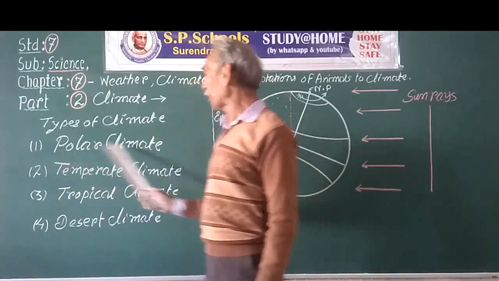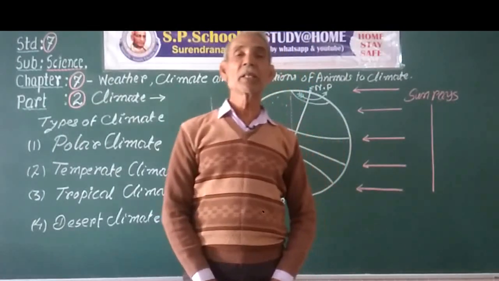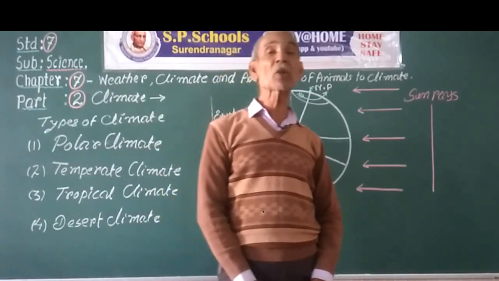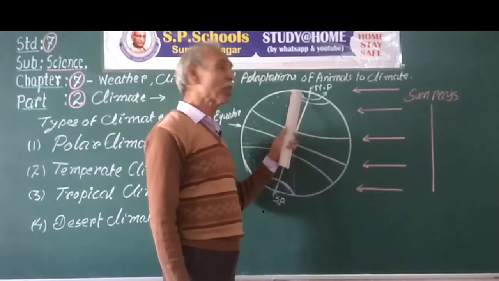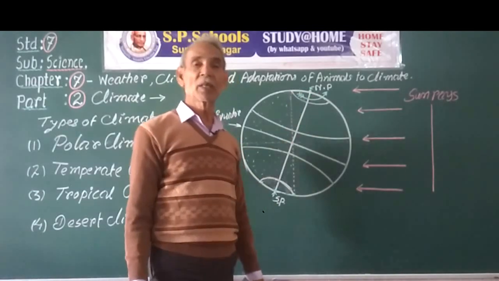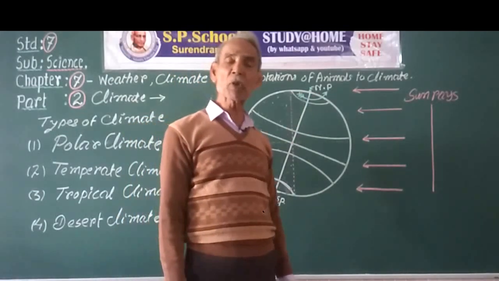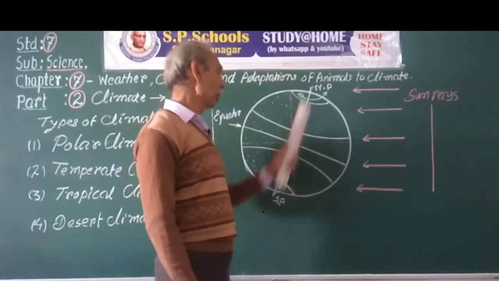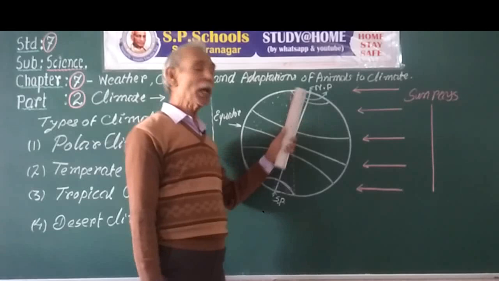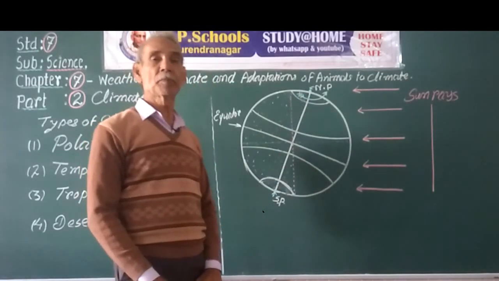Therefore, the polar climate is the climate with severe cold. There remains ice and extreme cold during the whole year in polar regions, in the North Pole as well as the South Pole.